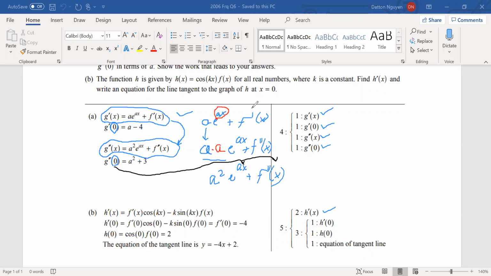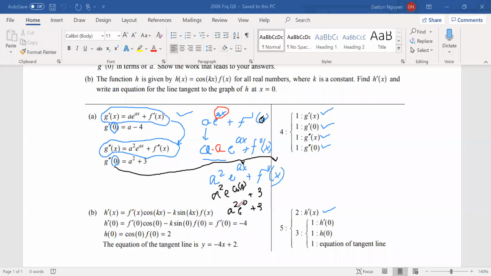Like these guys at 0 here, this was equal to -4, right? But if I plug this into here, e to the a times 0, then my whole exponent goes to 0, right? So it's a squared times e to the 0 power plus 3.